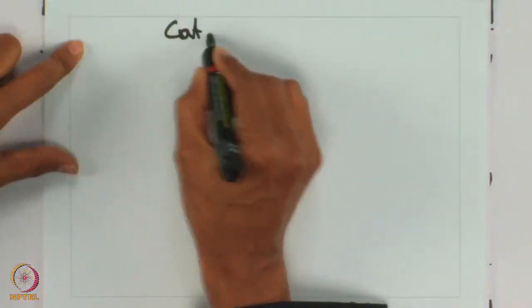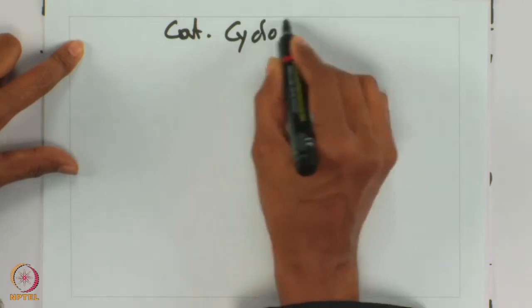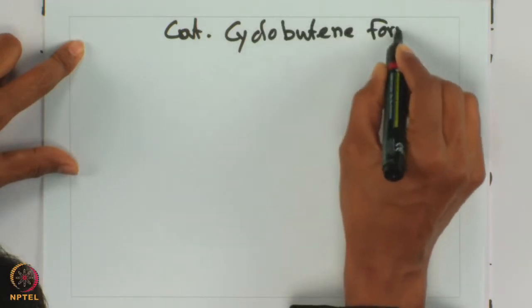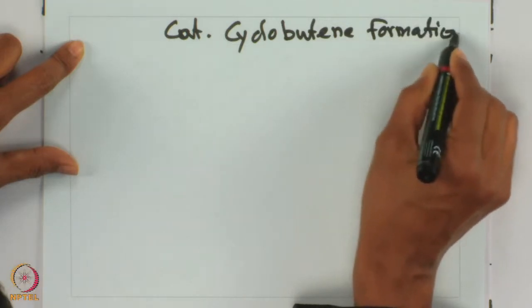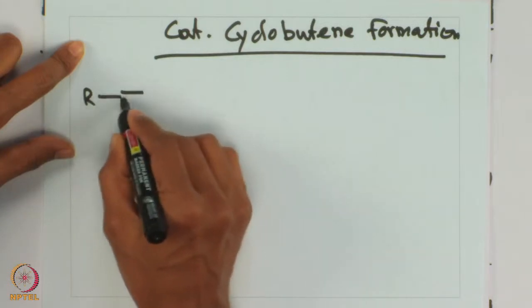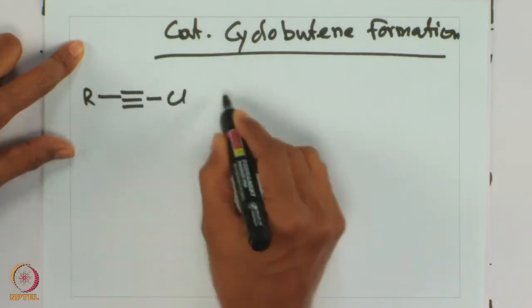Let us go on to catalytic cyclobutane formation. Well, the reagent that is required for it can be an alkyne halide.